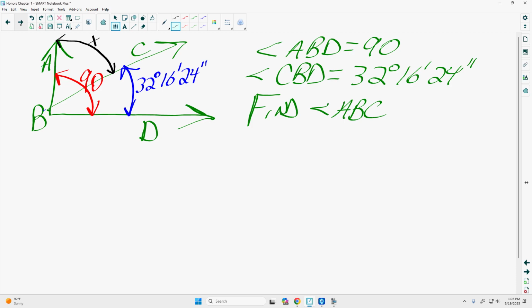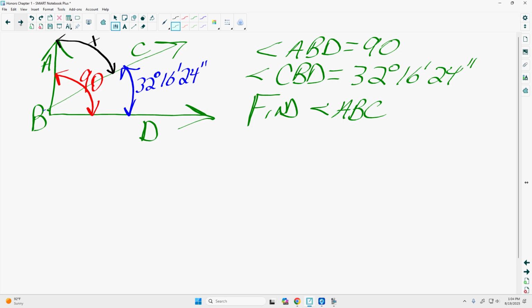Yeah. So hang on. Let's make this problem a whole bunch easier first. If I would have done this same drawing, and let's say that this was a right angle. By the way, did you guys know that the little box means a right angle? So that's a right angle.